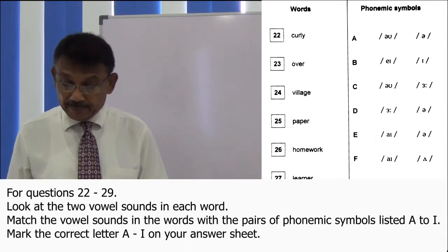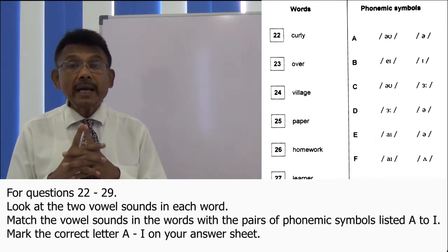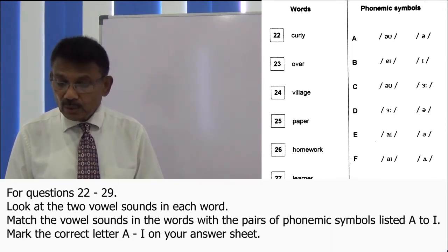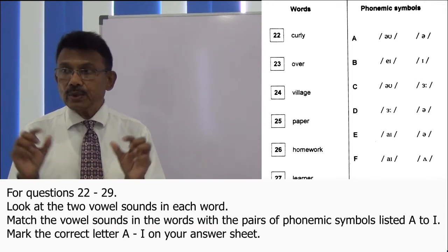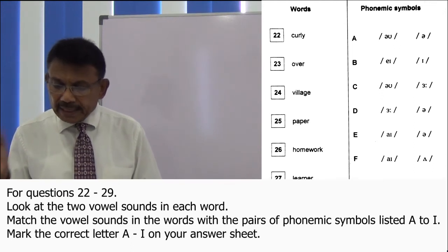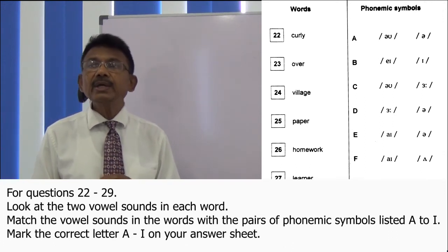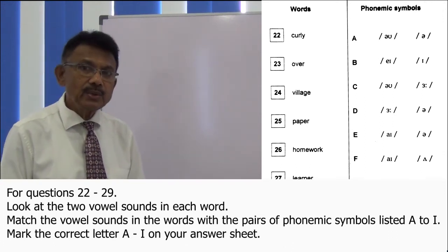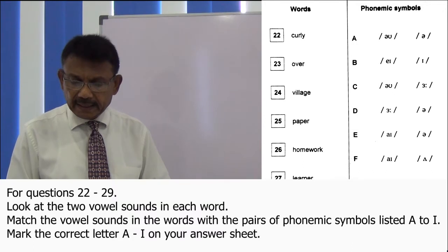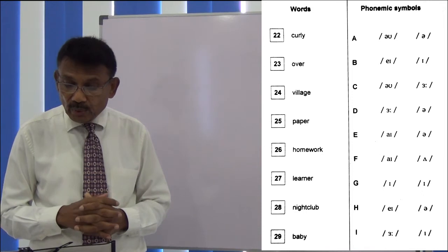Okay, let's read. For questions 22 to 29, look at the 2 vowel sounds in each word. Each word has 2 vowel sounds. Match the vowel sounds in the words with the pairs of phonemic symbols listed A to J. Mark the correct letter A to J on your answer sheet.